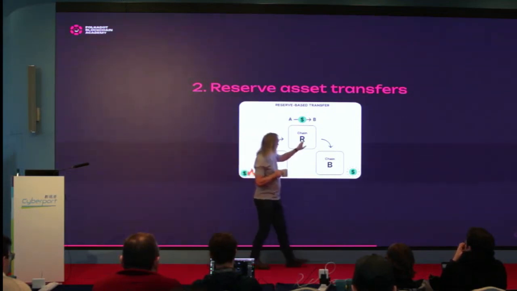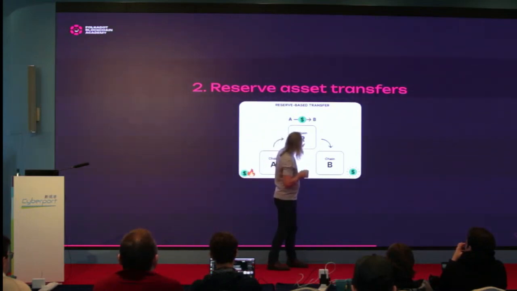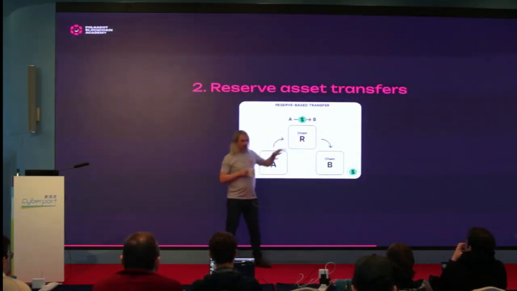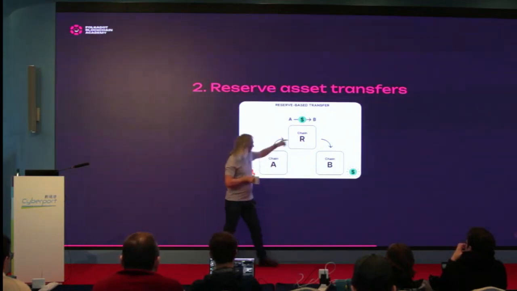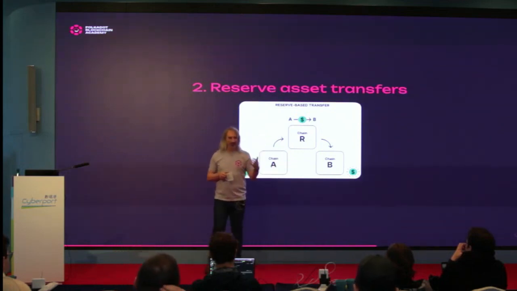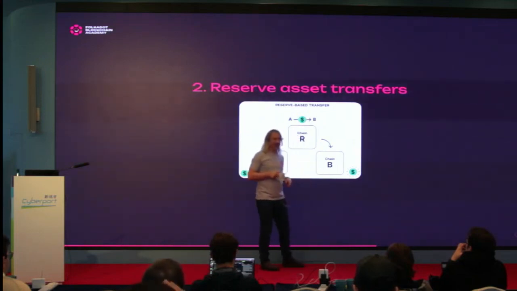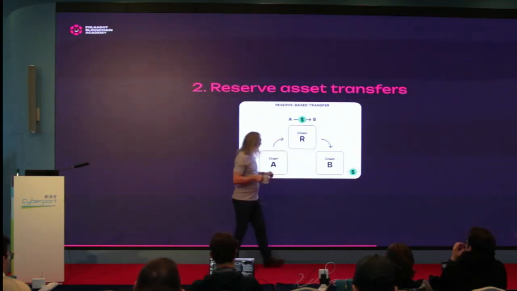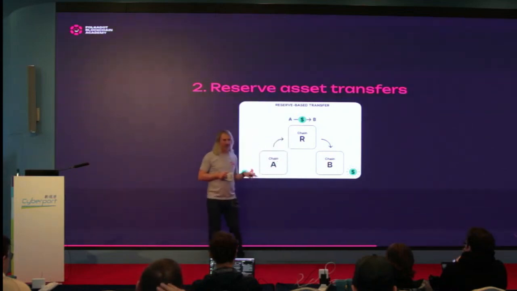Therefore, when this message comes in, the origin is R. But similarly, R can't leave itself as the origin of any message that A has sent, because A could just put in random instructions that drained assets held by R on B, controlled by R on B. So R doesn't trust A when it's speaking to B, and B doesn't trust R for anything that it might be relaying from A.